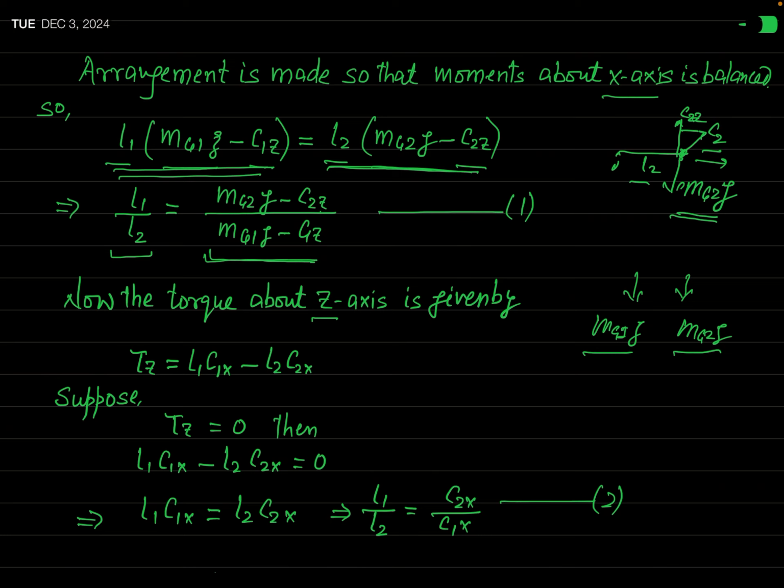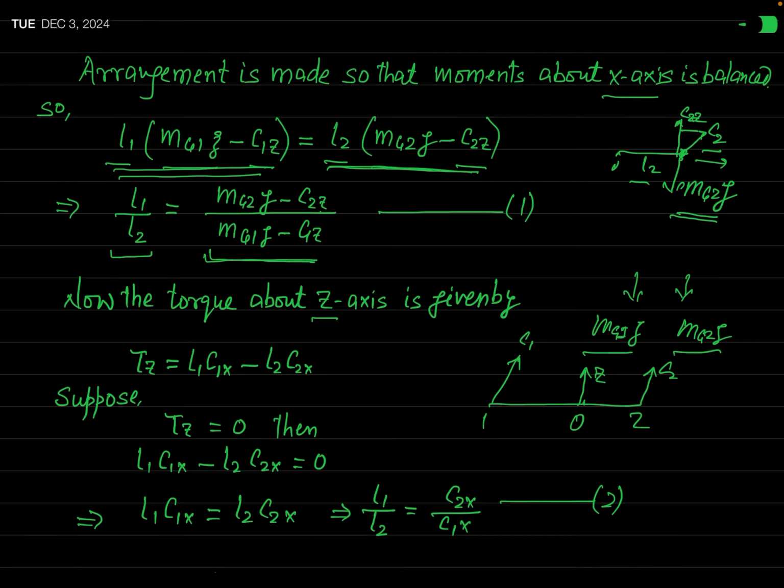But the torque due to the centrifugal forces acting on the two objects about the z-axis will not be 0. This is C1, this is C2. These are the centrifugal forces acting on body 1 and body 2. And now you are talking about the torque about the z-axis.